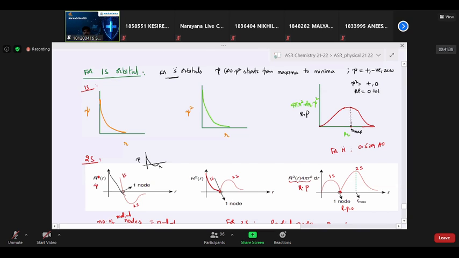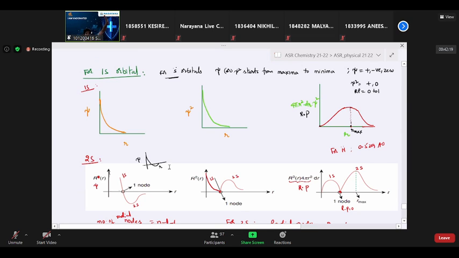The original graph appears like that, and for visualization this diagram is given, which means psi is positive for 1s, and when going from 1s to 2s, in between you cannot find the electron. As you cannot find the electron, some gap is there, where the probability of finding the electron is 0. So psi becomes 0 at that point. That is called a node. Node means the probability, psi square and psi approach 0.